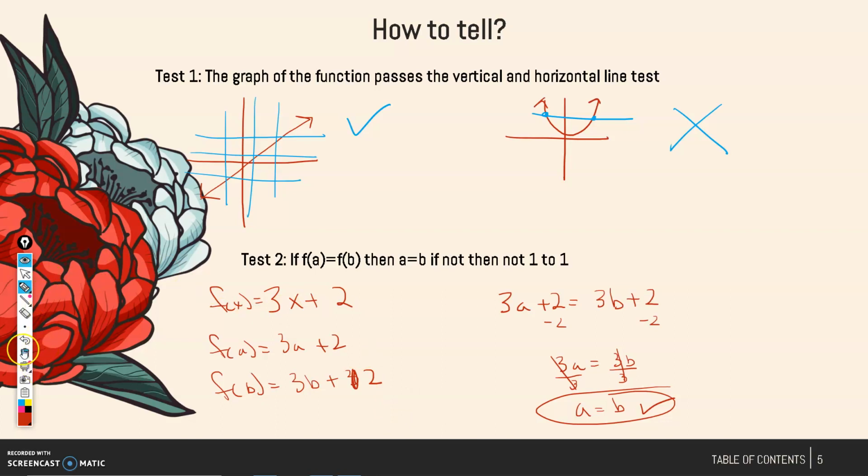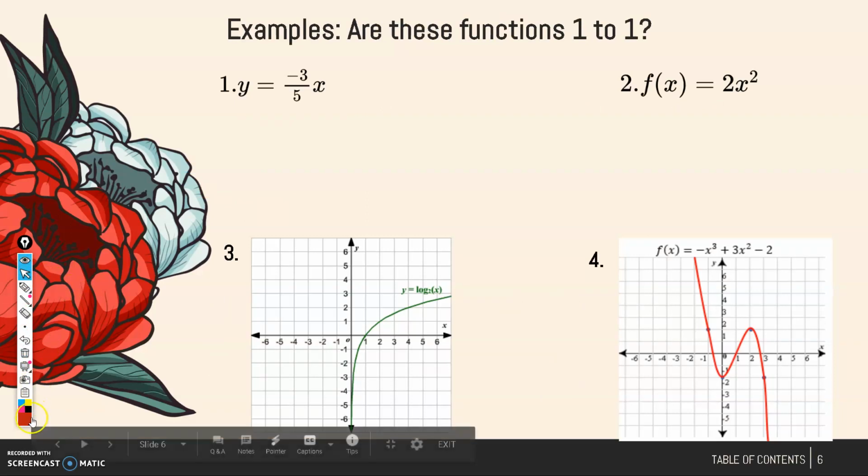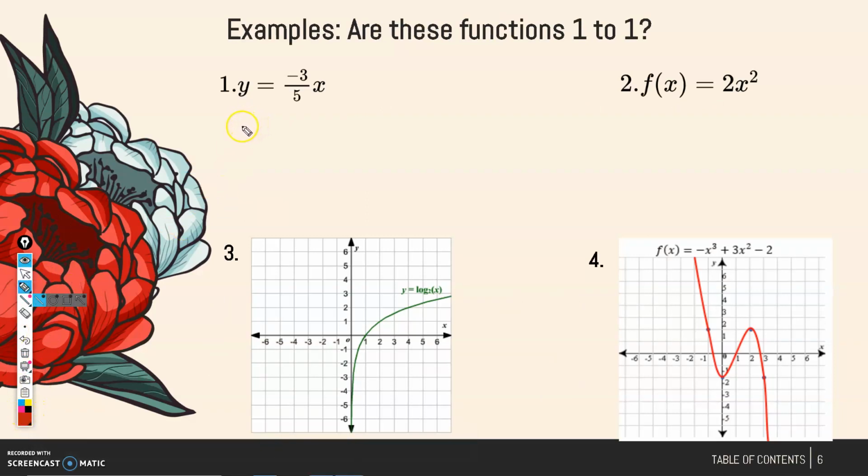Let's do some more examples. Are these one-to-one? Let's go with 3 and 4 first because those are a little easier. If you have a graph, does it pass the horizontal and vertical line test? Number 3 passes the vertical line test, and it also passes the horizontal line test.